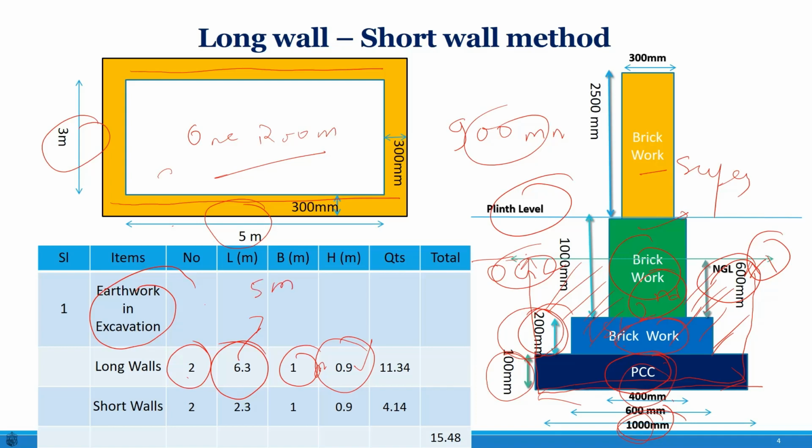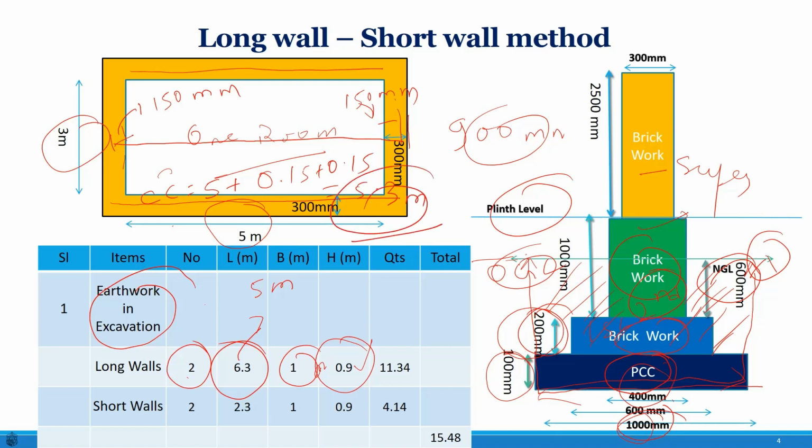So from center to center, from this point to this point, you have 300 divided by 2, that is 150 mm, and on this side another 300 divided by 2, 150 mm. So your total center to center distance is 5 plus 0.15 plus 0.15, that is 5.3 meter.